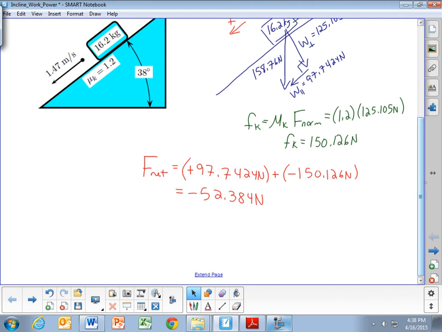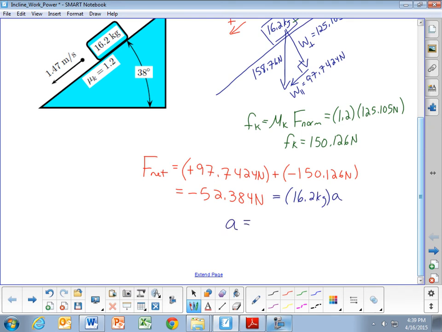So to find the acceleration, the net force is the mass, 16.2 kilograms, times the unknown acceleration a. So we get that the acceleration is negative 3.2336 meters per second squared. The negative sign here means that the acceleration is up the ramp.